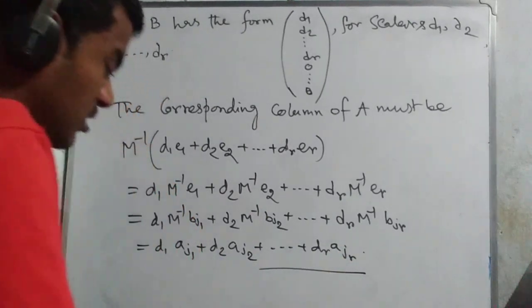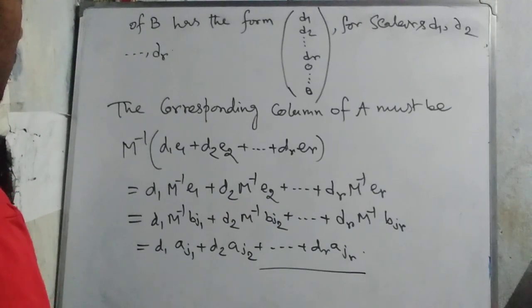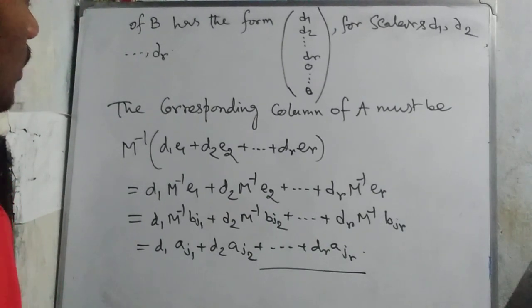Understood? In this way we discuss the corresponding column of A.